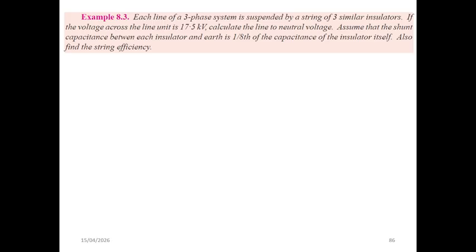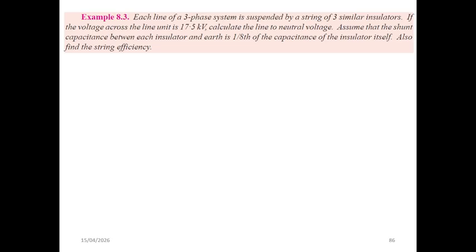Each phase conductor is supported by a string of three identical insulator units, and it is given that the voltage across the line and insulator, the unit closer to the conductor, is equal to 17.5 kilovolt, and additionally the shunt capacitance between each insulator and earth is assumed to be 1/8 of the self capacitance of each unit, which means that K is equal to 1/8.